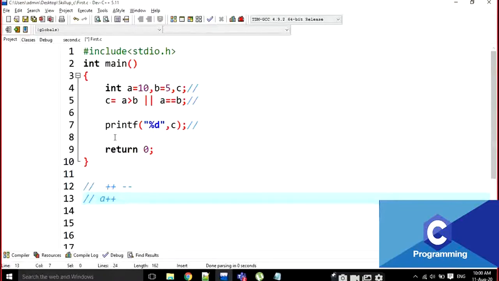If the operator is before the operand, then this is called pre increment and pre decrement. If the operator is after the operand, that is called post operations.